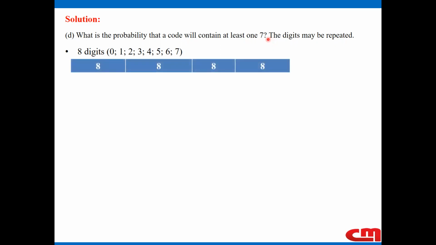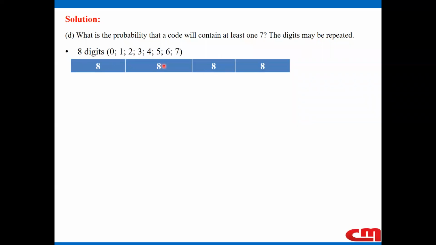Right. So first and foremost, let us find our possible arrangements of the digits, coming up with the 4 digit codes. We are saying since we have 8 digits to deal with, repetitions are allowed because digits may be repeated.